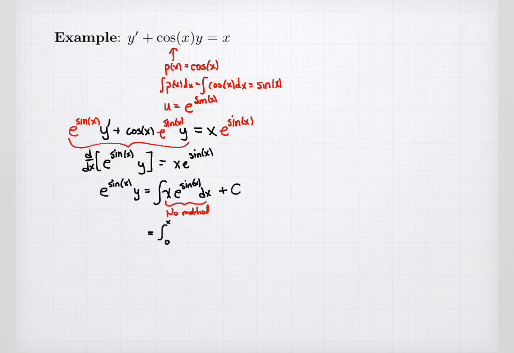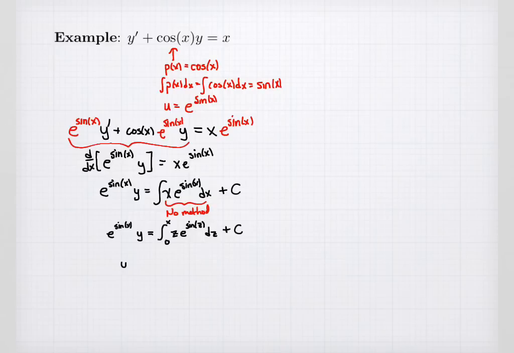And now the value inside can't be x anymore, so let's call it z. z e to the sine of z dz. So this actually is an antiderivative. That's what the fundamental theorem of calculus says. So plus c, and this is equal to e to the sine of x times y.